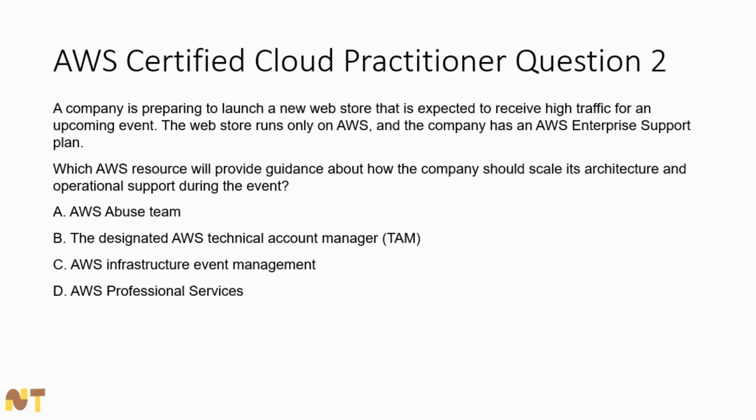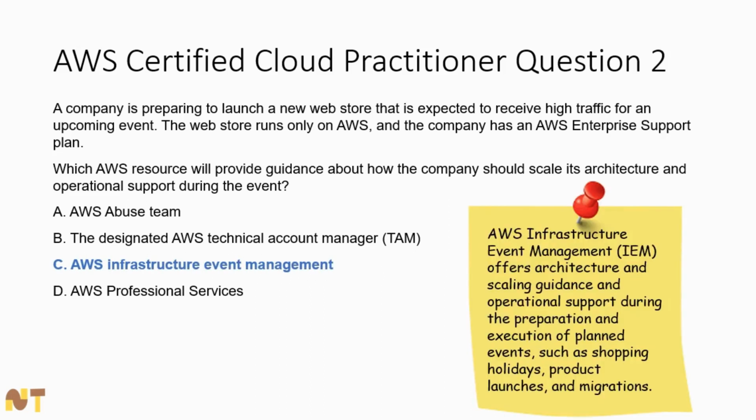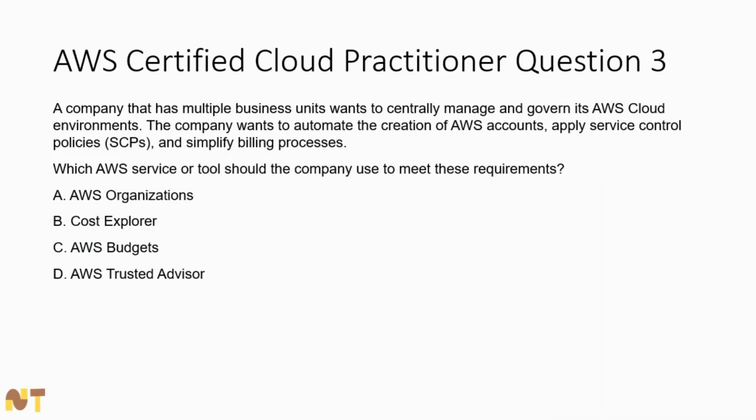Options are A. AWS Abuse Team, B. The designated AWS Technical Account Manager, C. AWS Infrastructure Event Management, and option D. AWS Professional Services. Here, the correct answer is C. AWS Infrastructure Event Management. It offers architecture and scaling guidance and operational support during the preparation and execution of planned events such as shopping holidays, product launches, and migrations. So, the correct answer is C. Here is the next question.